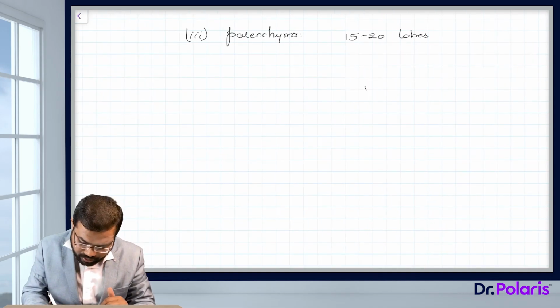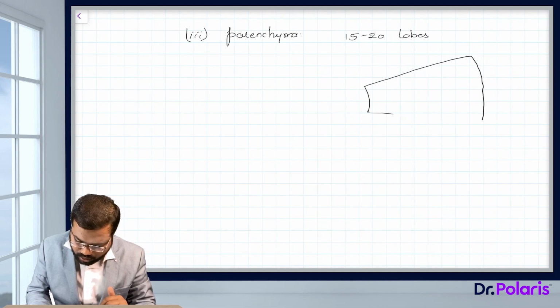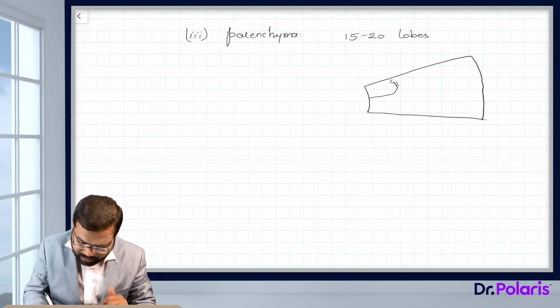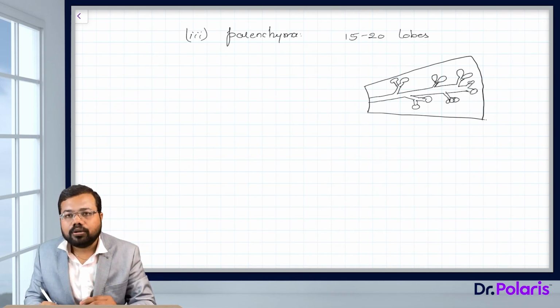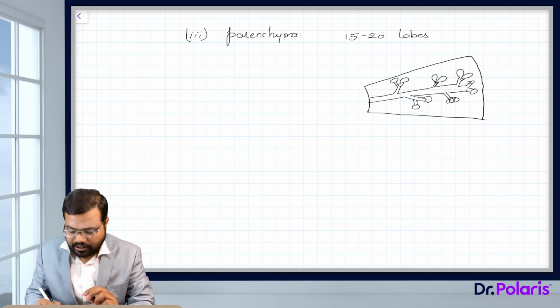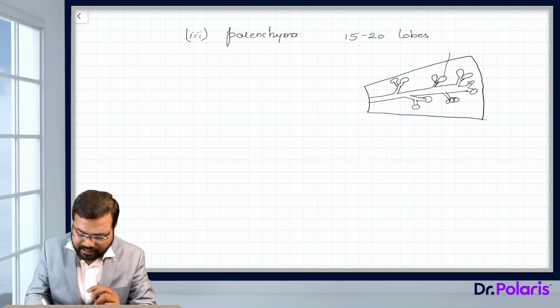So I'm just drawing one lobe. Let's imagine this is one lobe of the breast, and inside there is a duct where a number of acini will be draining. Out of the 15 to 20 lobes, in each lobe there are many acini.